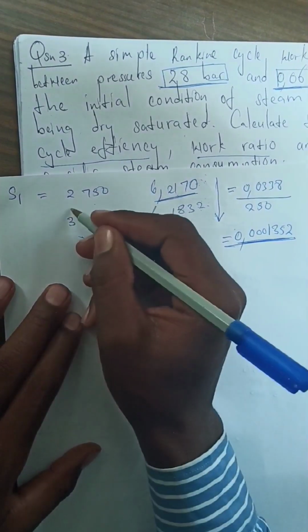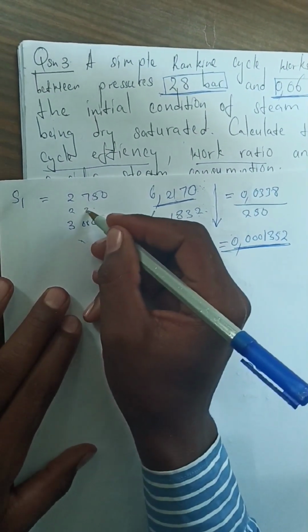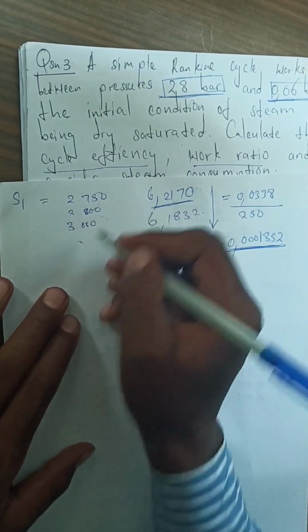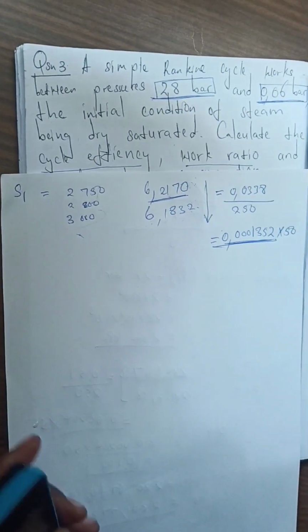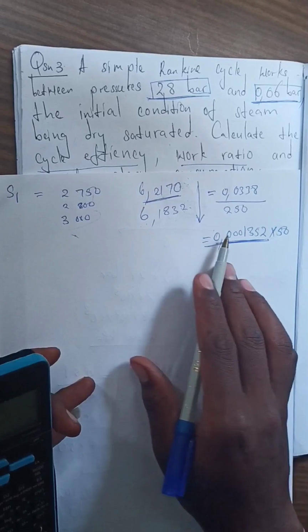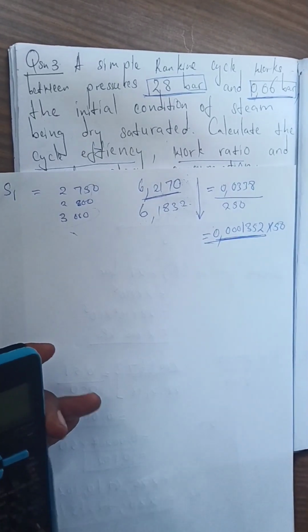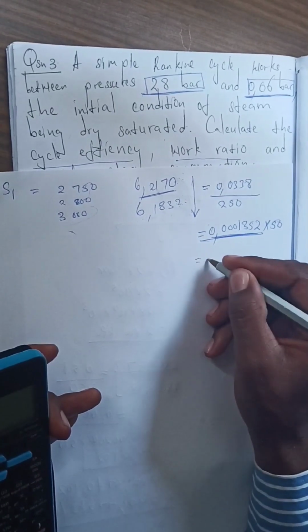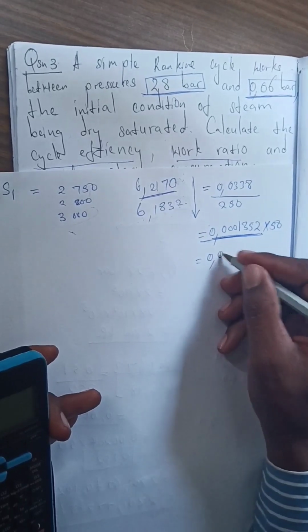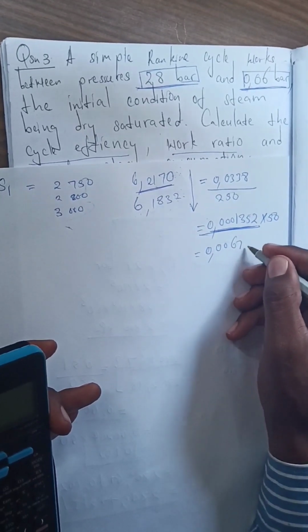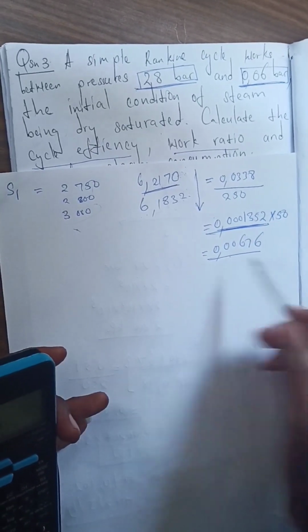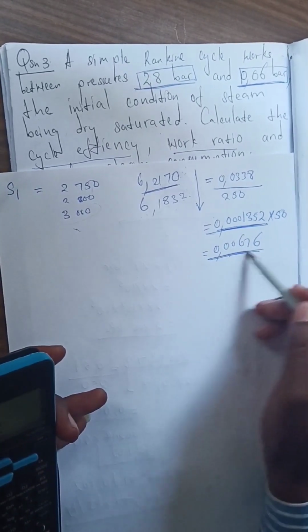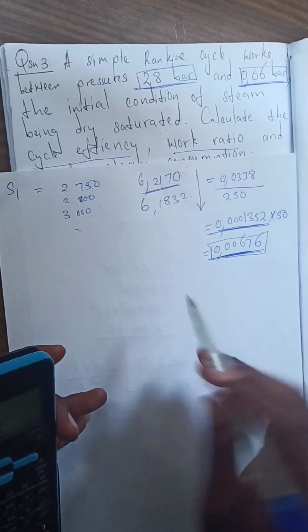Then we know that from this 2,750 to 2,800, we are having 50 graduals. So you have to multiply this by 50. If we multiply this number by 50, we are going to get 0.00676.